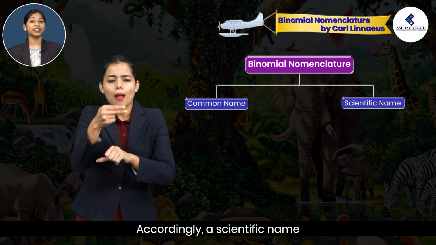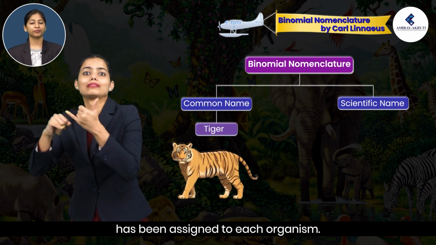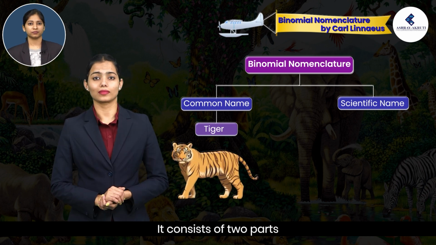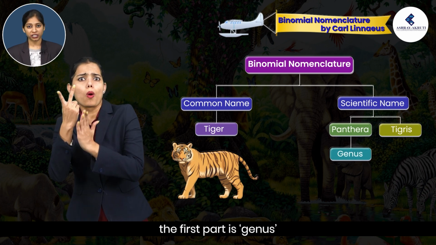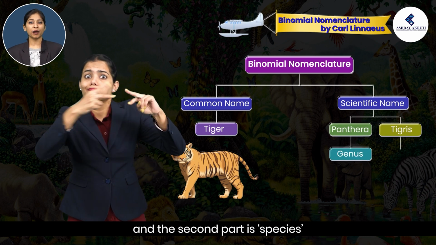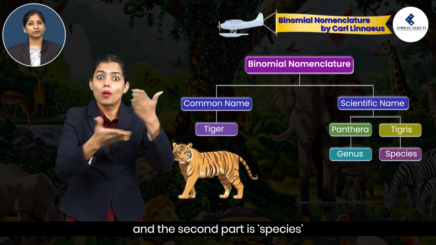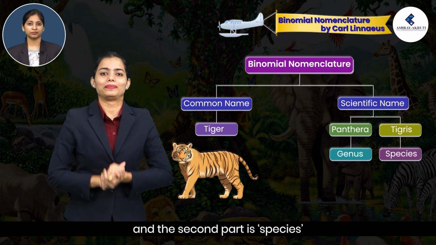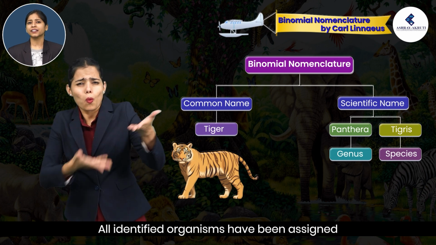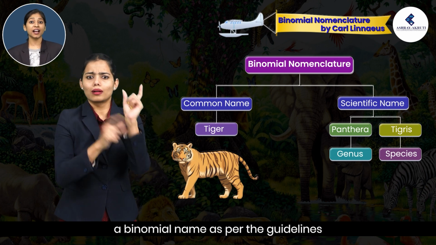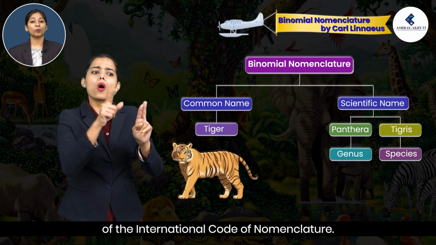Accordingly, a scientific name has been assigned to each organism. It consists of two parts. The first part is genus and the second part is species. All identified organisms have been assigned a binomial name as per the guidelines of the International Code of Nomenclature.